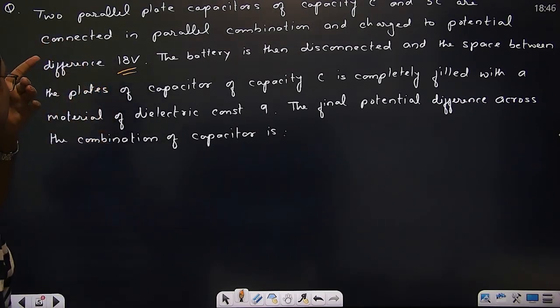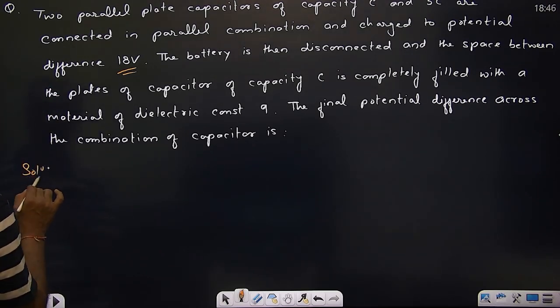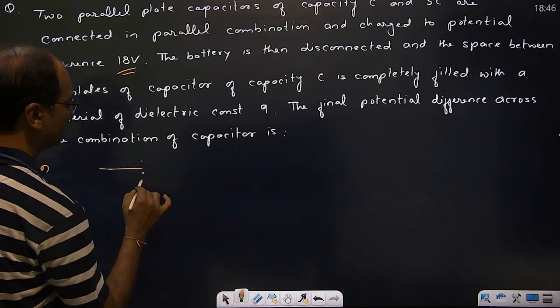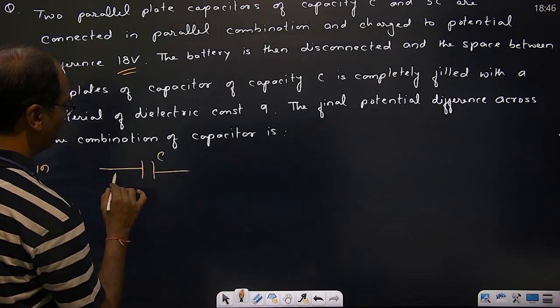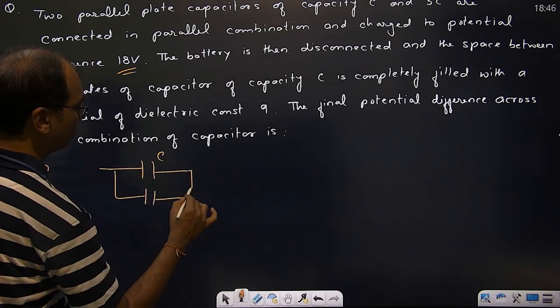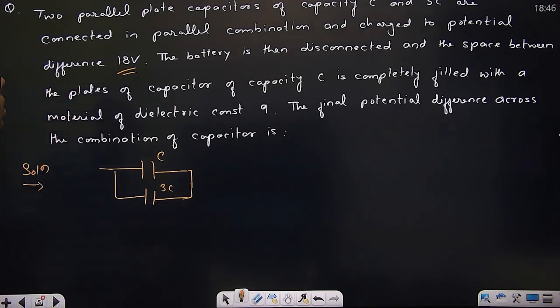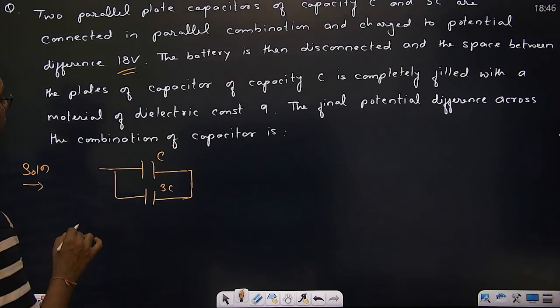Okay, let's see. Two parallel plate capacitors of capacity C and 3C are connected in parallel. So in the solution, this is C and another one is 3C, connected in parallel and charged to a potential difference of 18 volt.